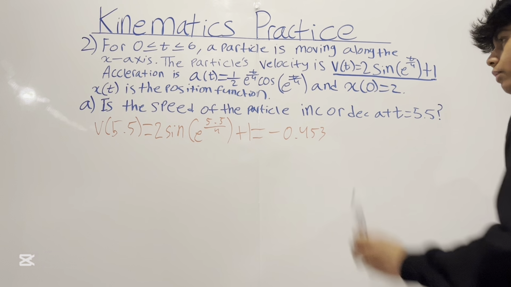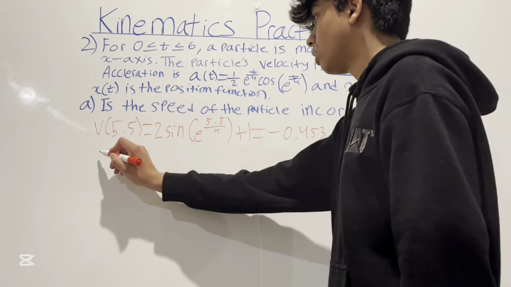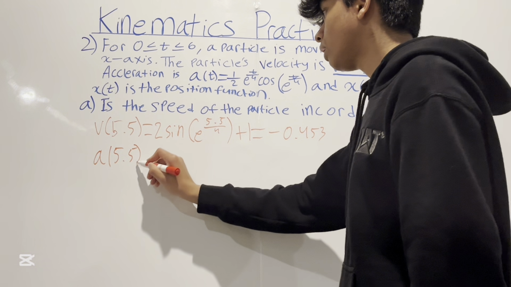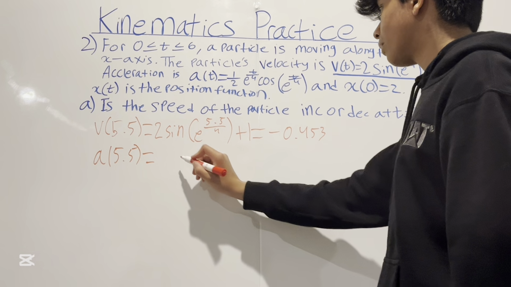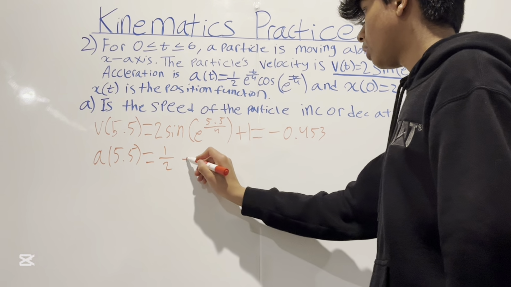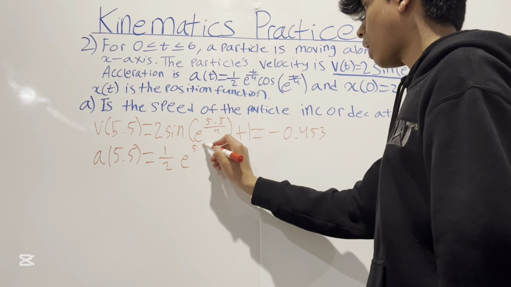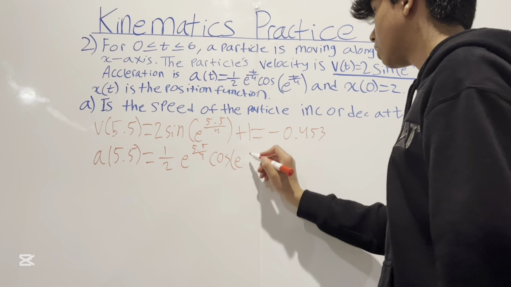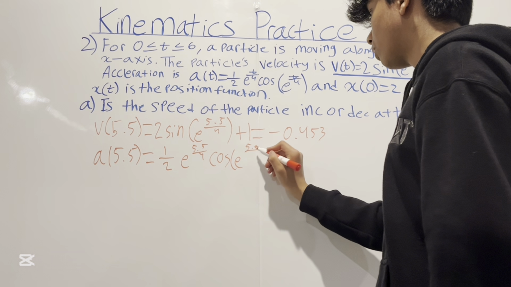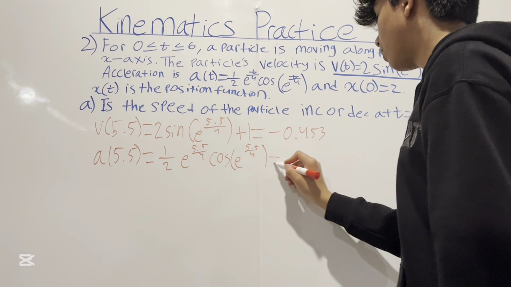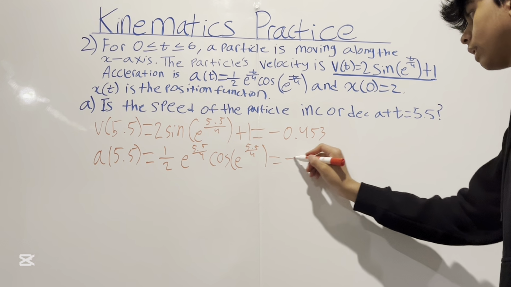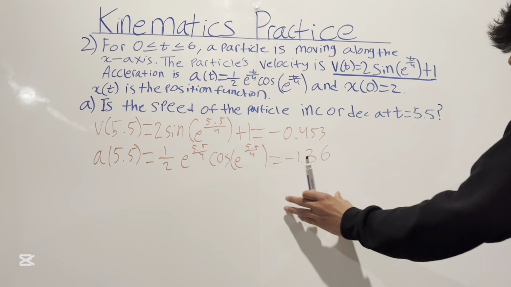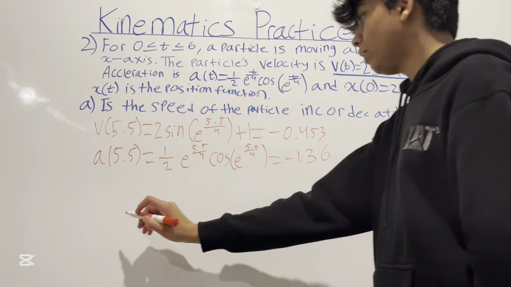So we have to find the acceleration now. So all we have to do is find a of 5.5, which is equal to 1 over 2 e to the 5.5 over 4 multiplied by cosine of e to the 5.5 over 4. And if you plug this into your calculator, this can be negative 1.36. So both of the functions are negative.